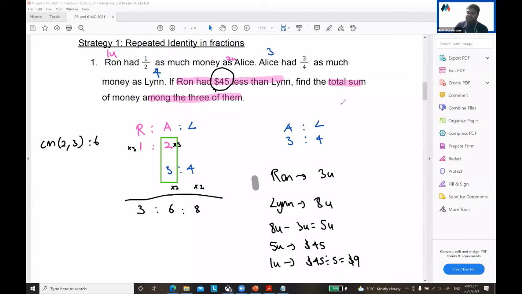Can y'all find the total sum and let me know the answer in the chat now? Total sum means total units: 3 plus 6 plus 8, that's a total of 17 units. So 17 times 9.